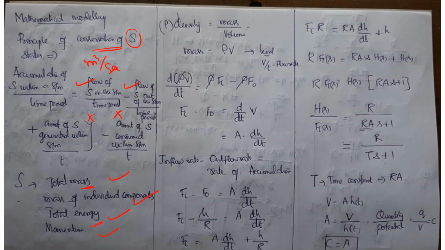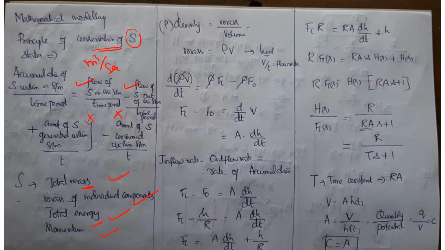Why do we need a model is because straight away we cannot invest more money on the system and implement it. Before that, we need to do the simulation. To do the simulation, we need a mathematical model. Like anything can be written in terms of a mathematical expression, similarly we are going to write a mathematical expression for this liquid level system.